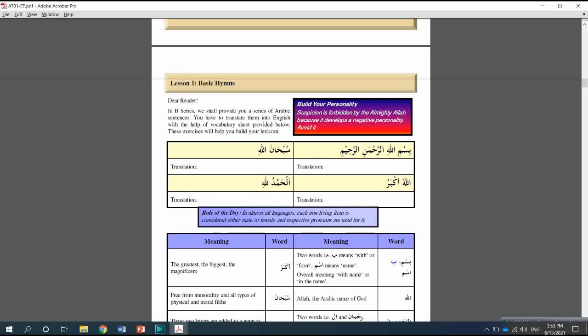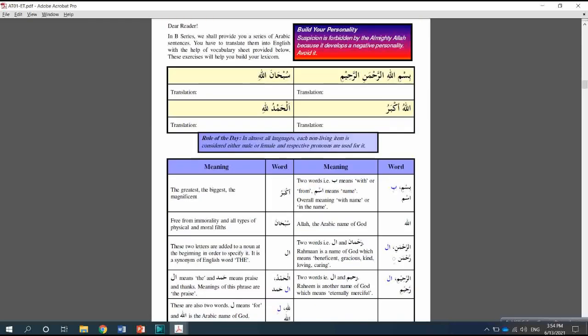What is Bism? Bism means simply name. Allah, you know, is the name of God in Arabic. Ar-Rahman means the beneficent. Ar-Rahim means eternally merciful. So now please translate the whole sentence.